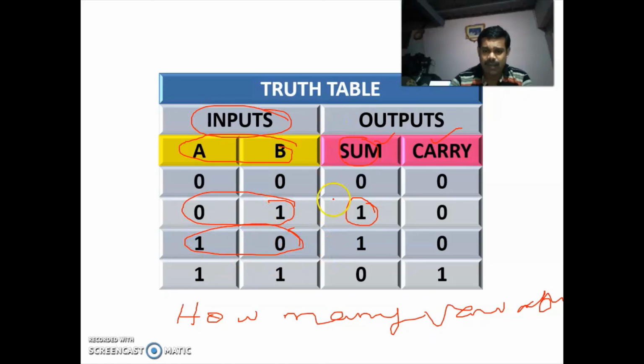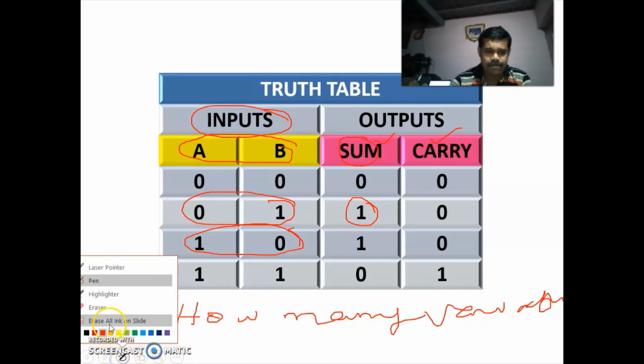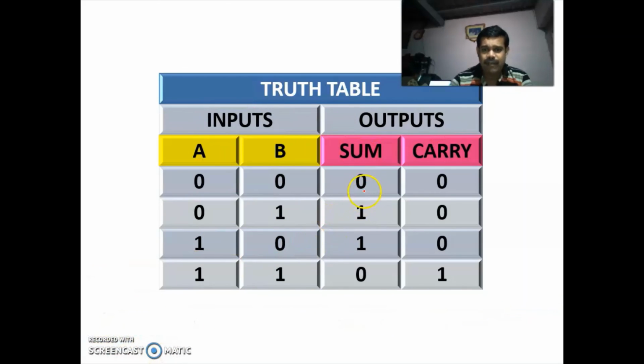We have to take the column of sum. This is the column of sum. Here the sum is having 1 for the input combination 0 1 and for the input combination 1 0.